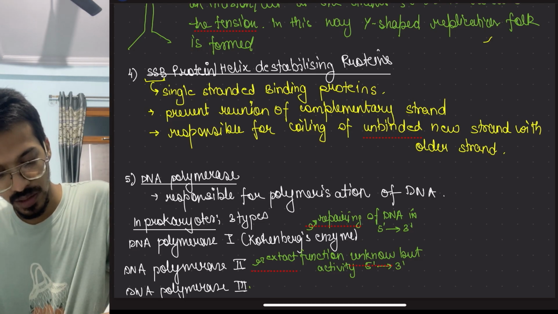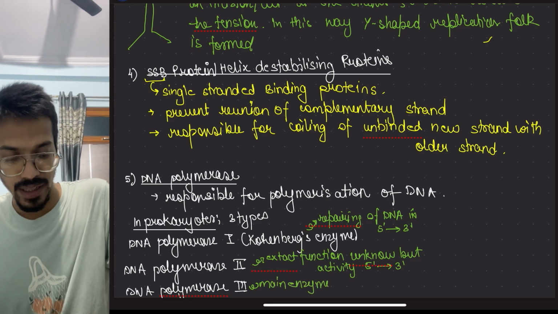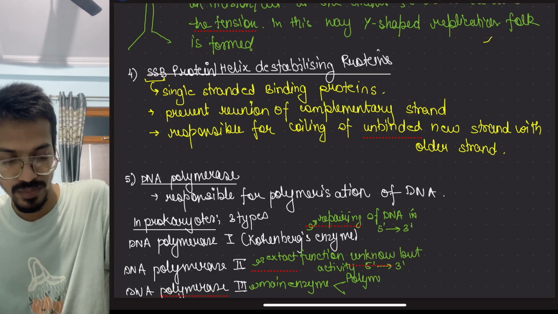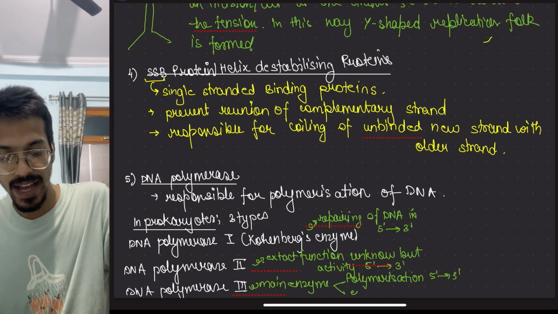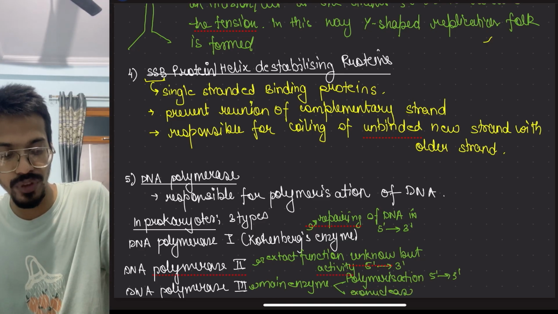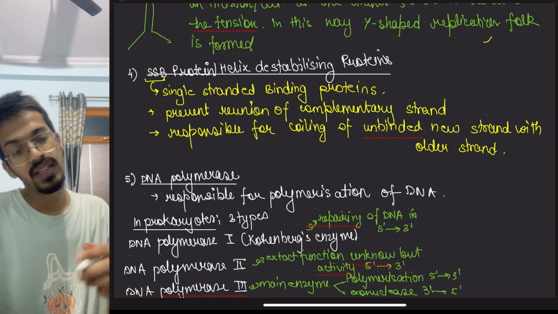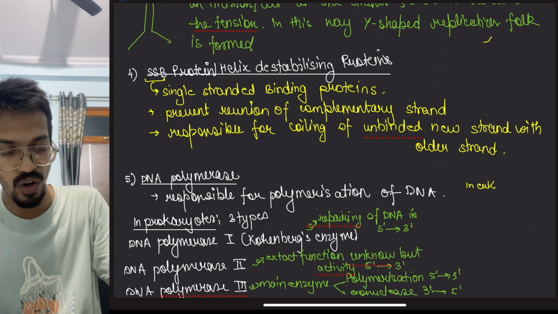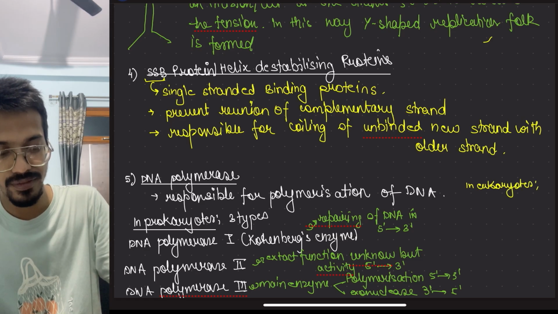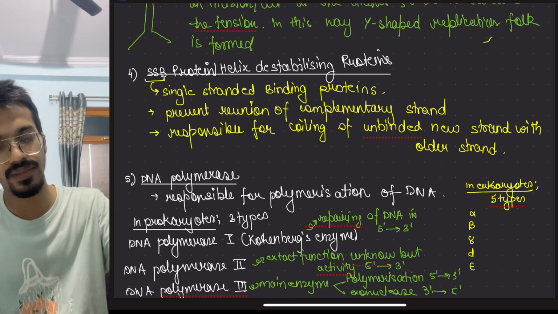So this is the main enzyme. It has two functions: polymerization, which is in 5' to 3' activity, and exonuclease activity, which is a proofreading kind of thing in 3' to 5'. Clear with this? Similarly, in eukaryotes there are five types: alpha, beta, gamma, delta and epsilon.